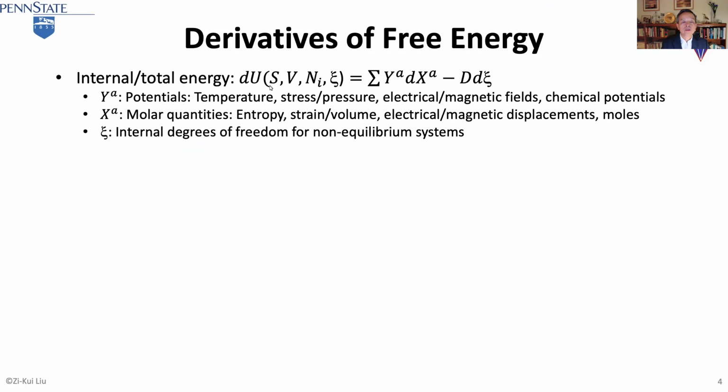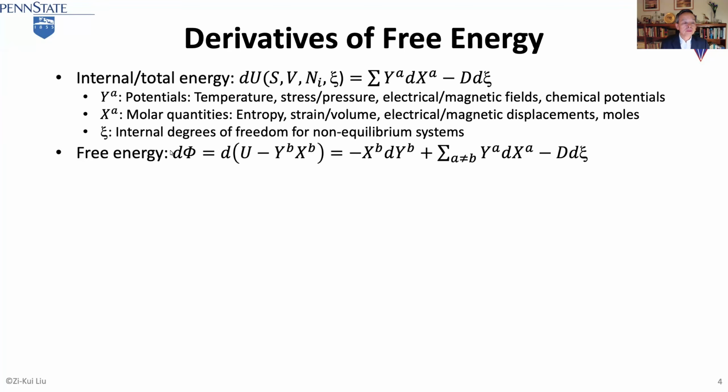The dU is a function of entropy, volume, moles of components, and internal degrees of freedom, and can be written as this differential equation with Y dX minus dψ. Y are the potentials here, such as temperature, stress, pressure, electric and magnetic fields, and chemical potentials. X here are the molar quantities, such as entropy, strain, volume, electric and magnetic displacements, and moles. And ψ is the internal degree of freedom for non-equilibrium systems.